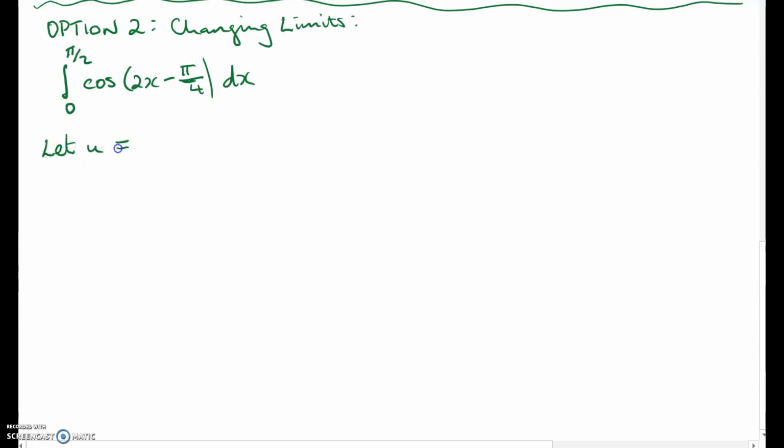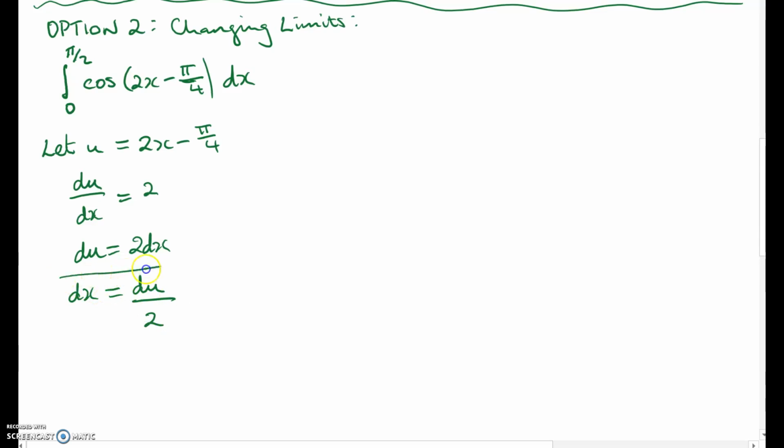Let u equal 2x minus pi over 4. We get du dx is equal to 2, so du is equal to 2 dx, and dx is equal to du over 2. So there's just some simple algebra and a little bit of differentiation as well. Now, this method requires us to change the limits, so let's do that now.